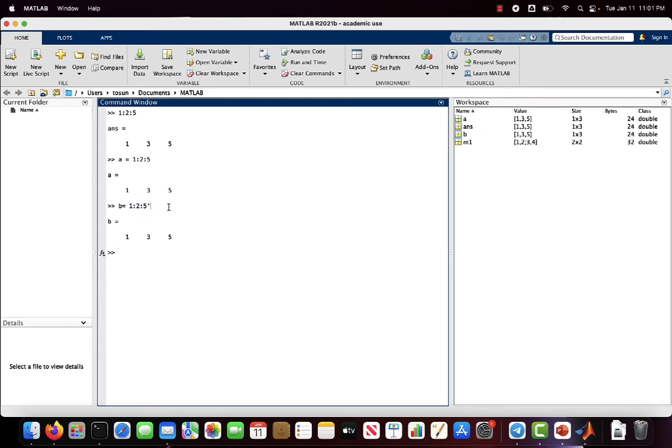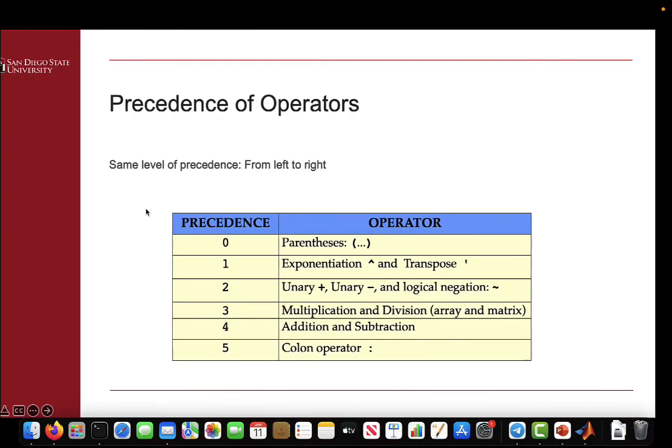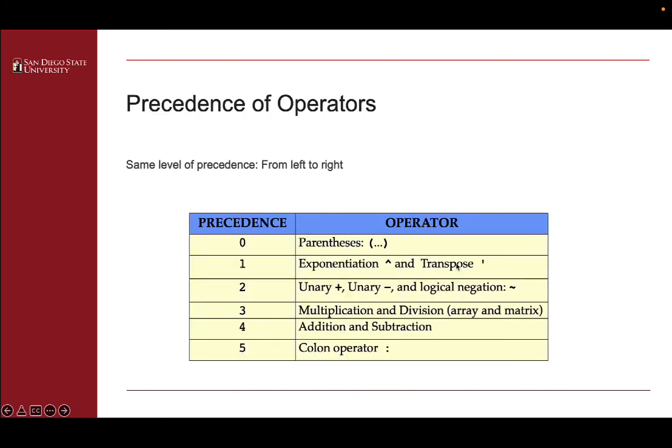So how can we transform this to a column vector? Let's look at the table. We need to use the colon operator before the transpose. So we need to use something with higher priority than transpose, which is a parenthesis.